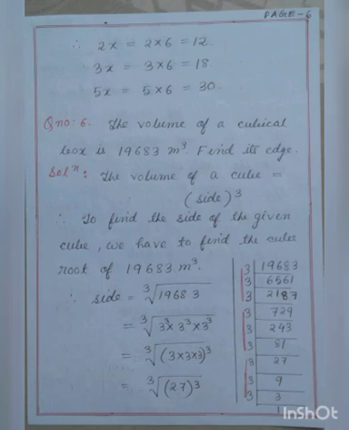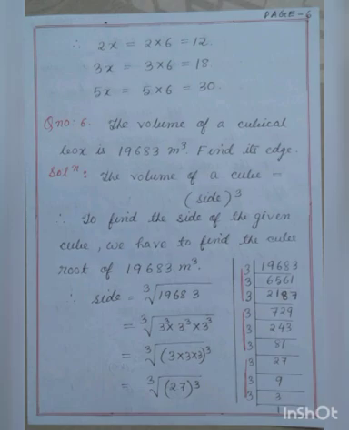Question number 6. The volume of a cubical box is 19683 meter cube. Find its edge. Solution: the volume of a cube is equal to side cubed. To find the side of the given cube, we have to find the cube root of 19683 meter cube.